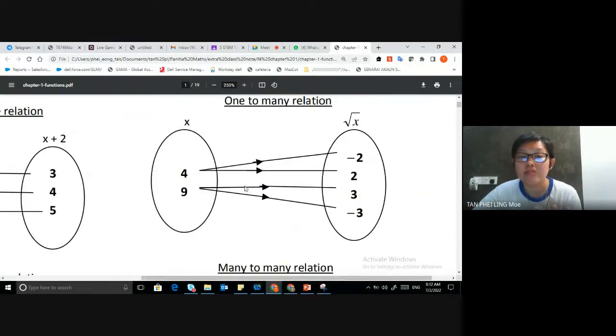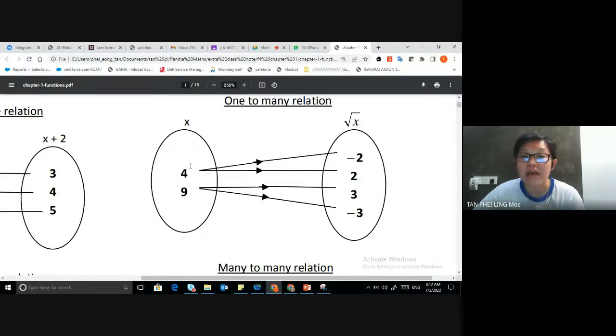One-to-many here means one object to many images. Like 4 here, when you have square root 4, please remember to consider the -2 and the 2 as well. Because when you square -2, you get back 4. You square 2, you get back 4.